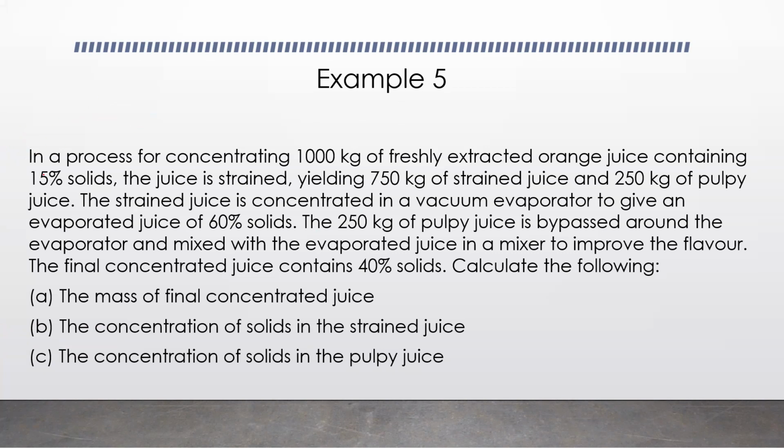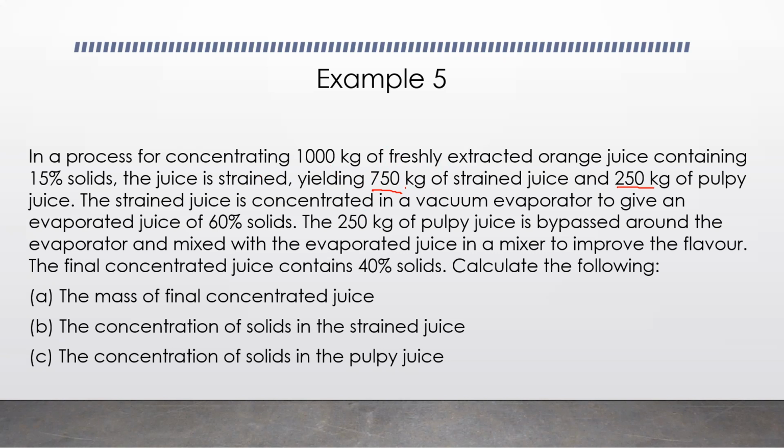Example number 5. In a process for concentrating 1000 kg of freshly extracted orange juice containing 15% solids, the juice is strained, yielding 750 kg of strained juice and 250 kg of pulpy juice. Straining is basically separating the juice.